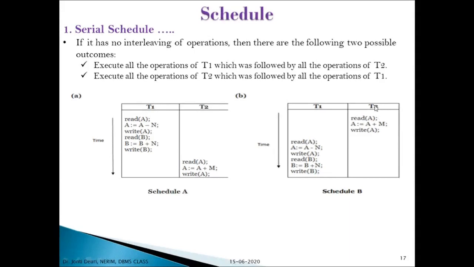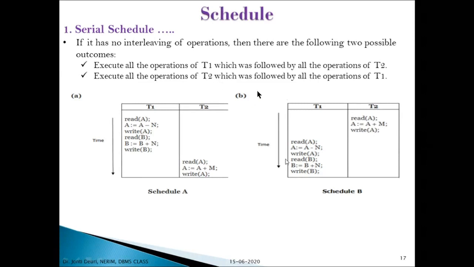The operations of T2 are done first. You can see here read A, A equals A plus M, write A. These three operations we have done in the T2 transaction.